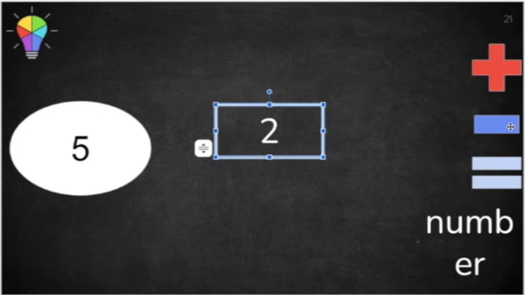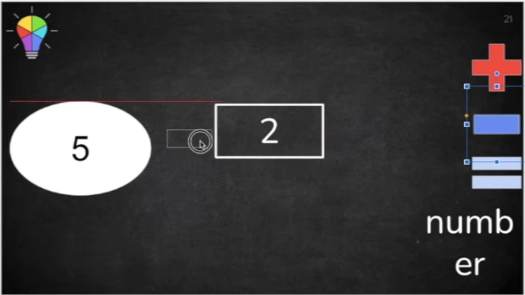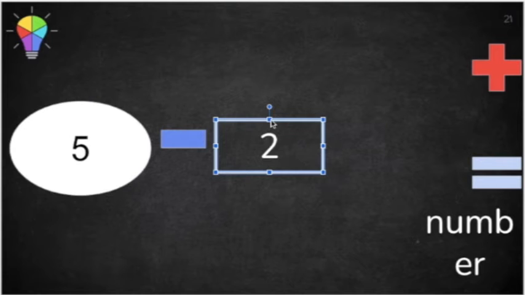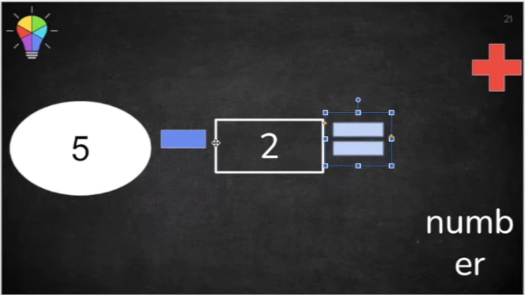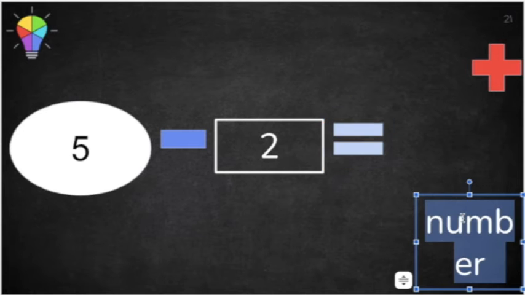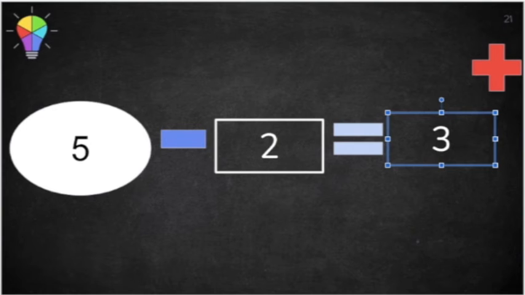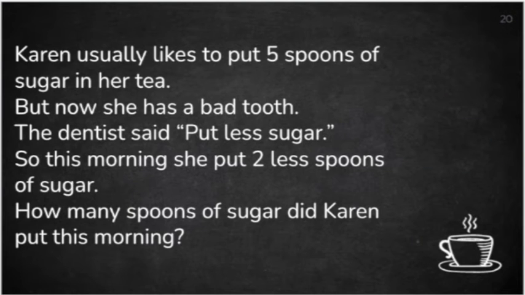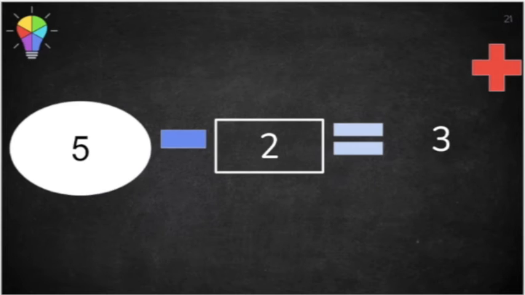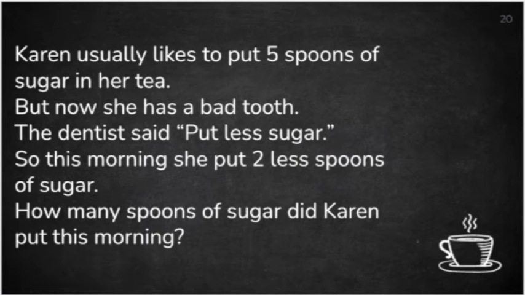And less means to subtract, right? Minus. So 5 minus 2 is 3. So how many spoons of sugar did Karen put this morning? She put 3 spoons of sugar in her tea.